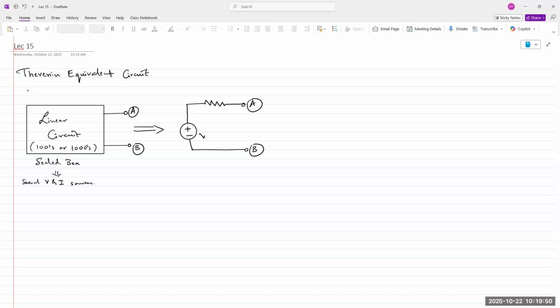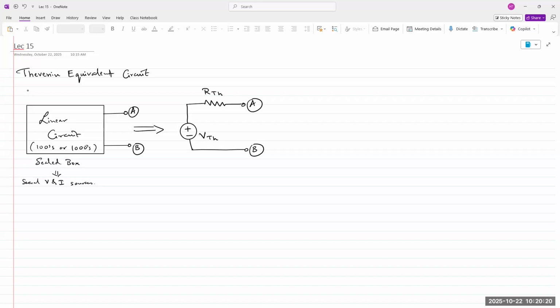The single voltage source is known as the Thevenin voltage, and all the resistors in the circuit can be represented as one single resistance called Thevenin resistance, RTH, between the same terminals A and B. Hence, it is known as Thevenin's equivalent circuit. Again, it's an important concept in circuit analysis, but it's not an analysis technique.